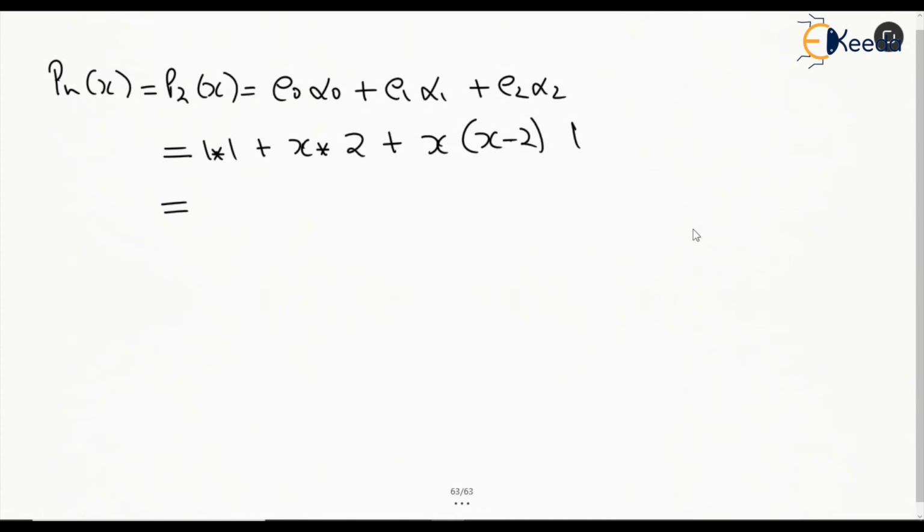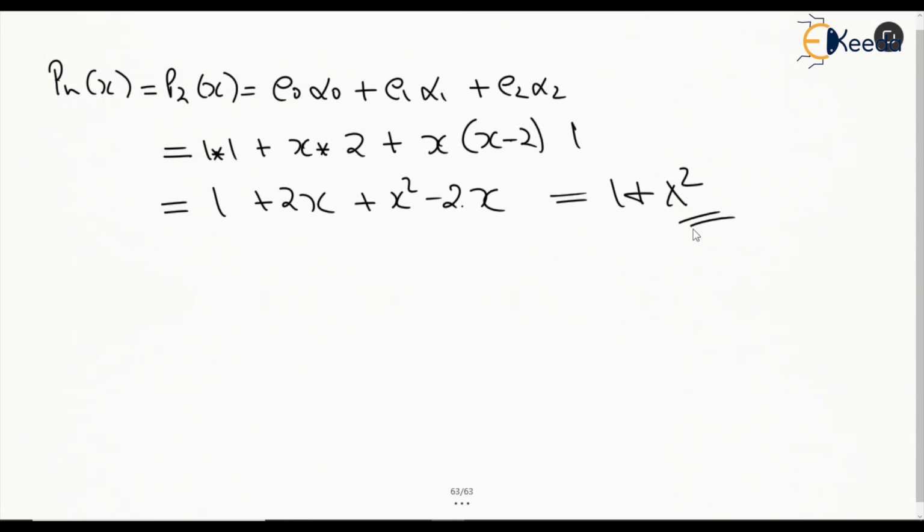So this is 1 plus 2x plus x square minus 2x, which is 1 plus x square. So this is the polynomial we are going to get.